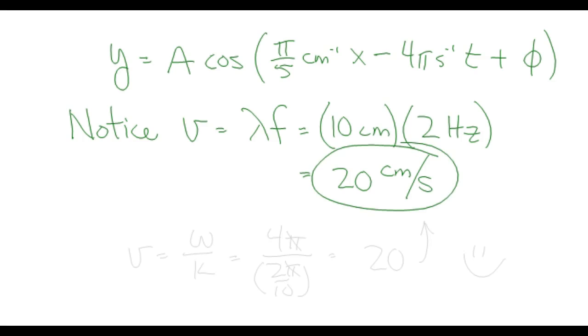And that's the speed. We can also notice that the speed here is omega over k, which is 4 pi divided by 2 pi over 10, which is the same thing as 40 divided by 2, the pi's cancel, which is again just 20 centimeters per second, the same thing. Okay, that's it.